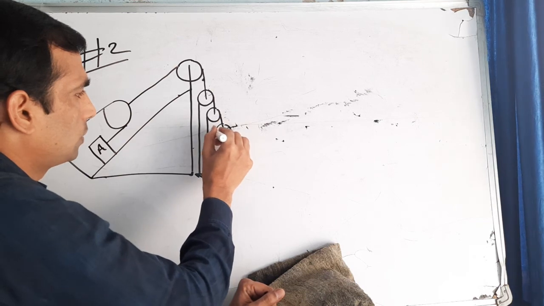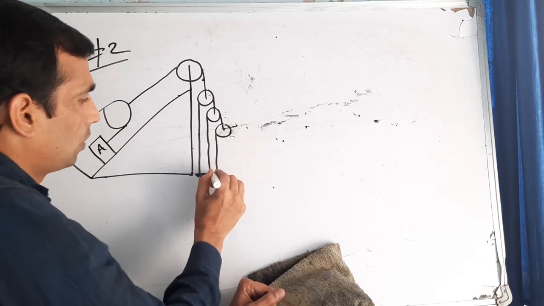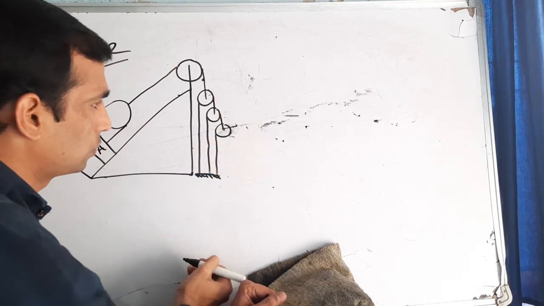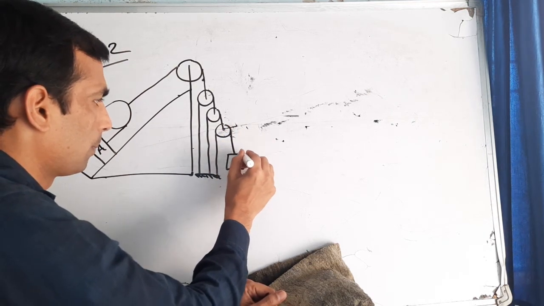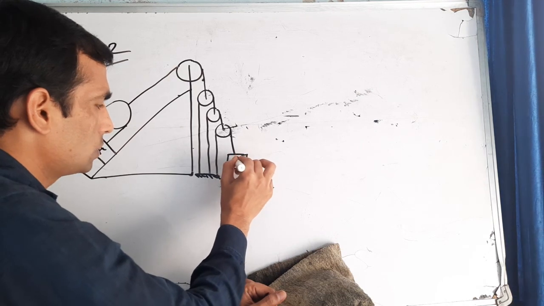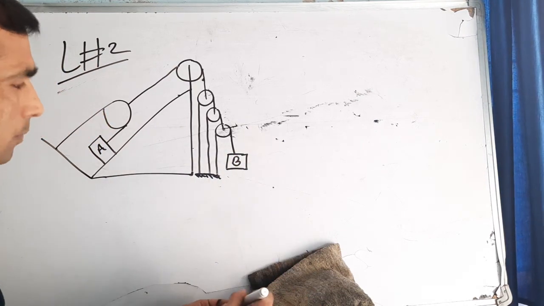This is again connected through another pulley, or the other end of a string is connected through the ground, and finally this is the block B. This is the block B, right?